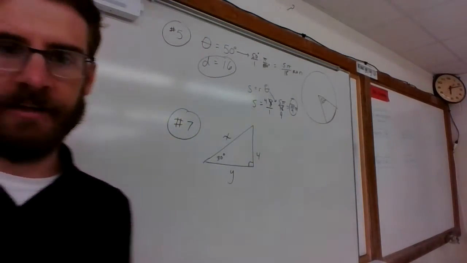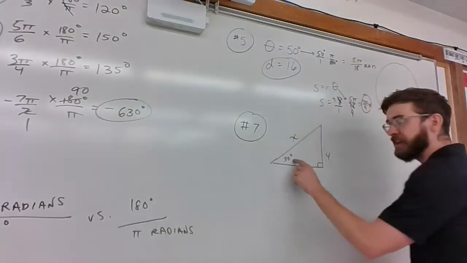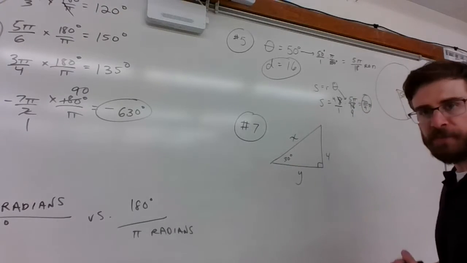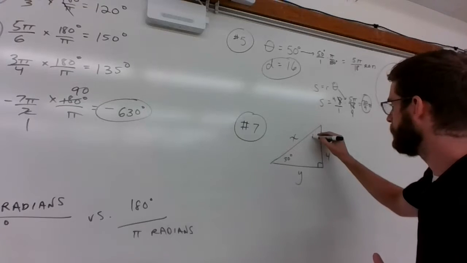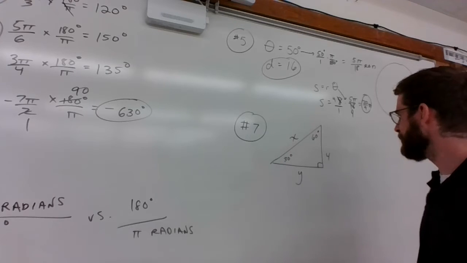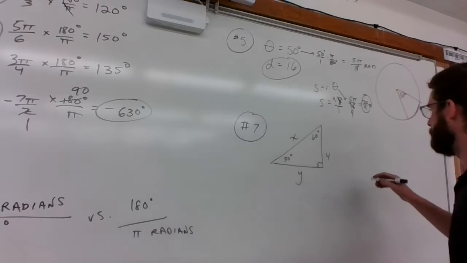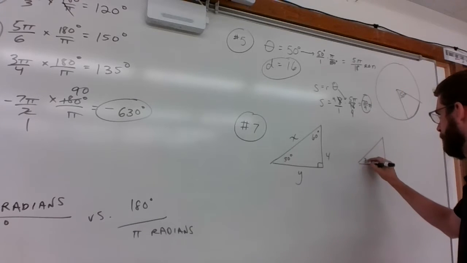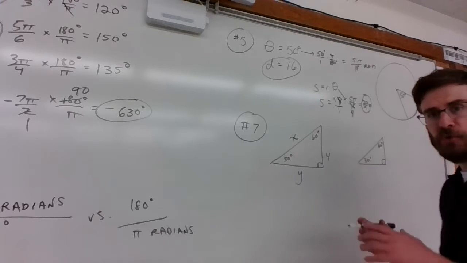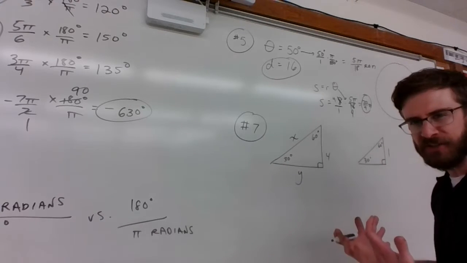Number 7 should be a familiar sight. When you see a 30-degree angle and we're trying to determine what x and y would be in this case, you should be thinking of the 30, 60, 90 right triangle situation here, where there was a relationship between, if you had a 30, 60, 90, then you know that the opposite side is sort of like 1 times some factor, right?